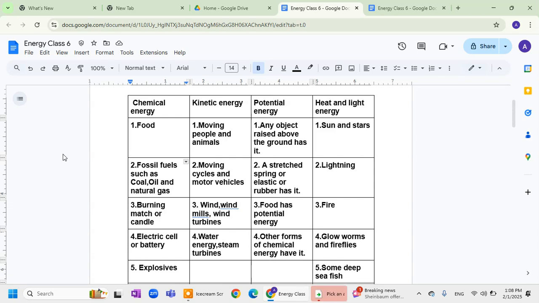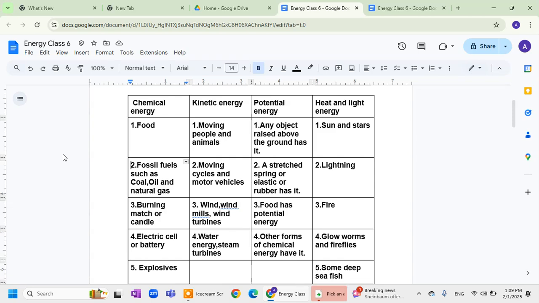Potential energy is present in any object which is raised above the ground. Second, a stretched spring or elastic or rubber has potential energy. Number 3, food has potential energy. Number 4, all the other forms of chemical energy also have potential energy. Fourth one is heat and light energy.